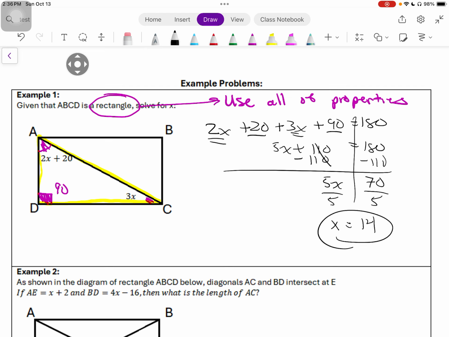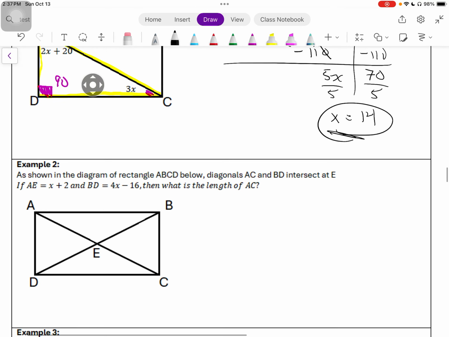The question asks us for x, we found x, we can keep moving. So the 2 things you needed to know here were that in a rectangle, the angles are 90 degrees, and that angles in a triangle add to 180. All right, on to question 2.